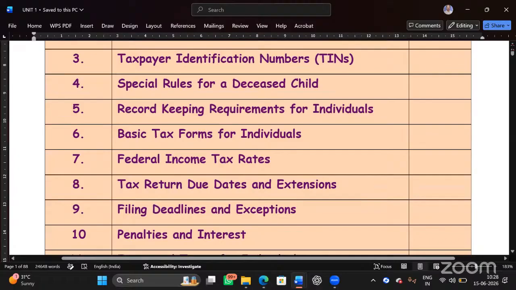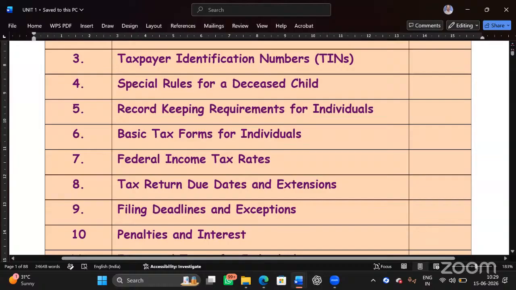Coming to 6, basic tax forms for individuals. In this, we are going to submit a variety of forms. Example, form number 1040 main form. 1040 SR for senior citizens. 1040 NR, non-residents, means citizens of other than US. Like that, a variety of forms are given.